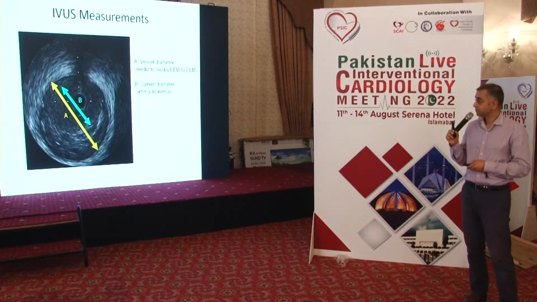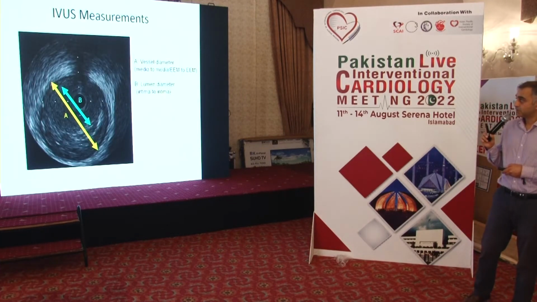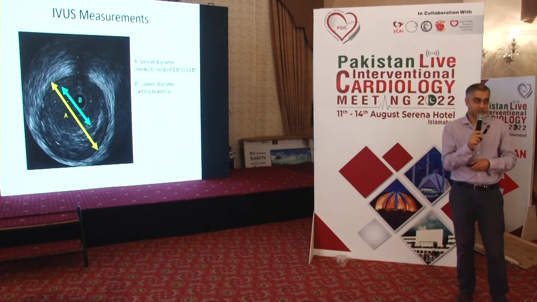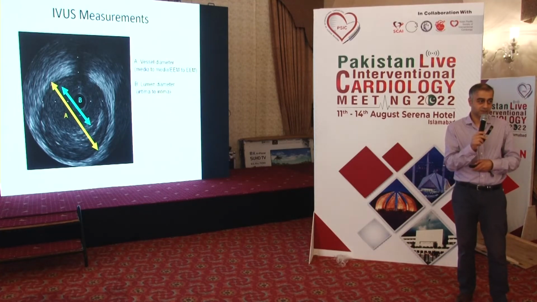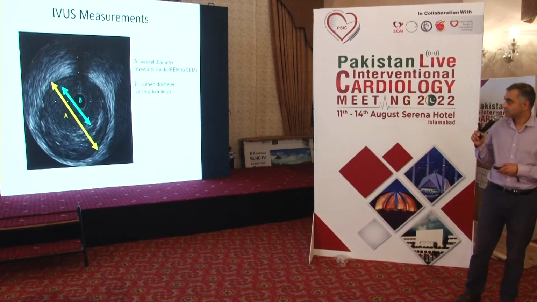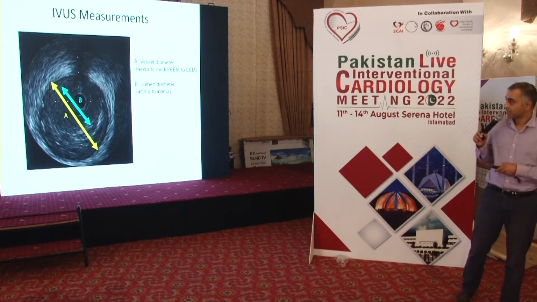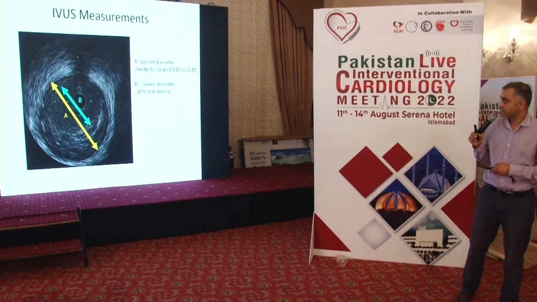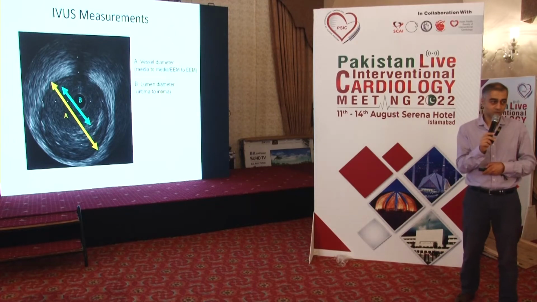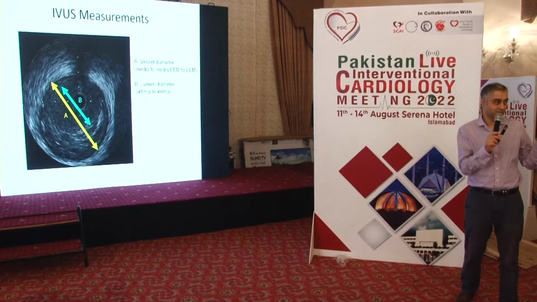Next slide, please. Okay, so the most basic measurements that you can make are to determine the vessel diameter and your lumen diameter. Okay, so this is one of the most basic measurements that can be made on IVUS. Now, when you're doing the vessel diameter, and this is where the earlier slide is important, what you want to do is to measure from the leading edge to the leading edge.